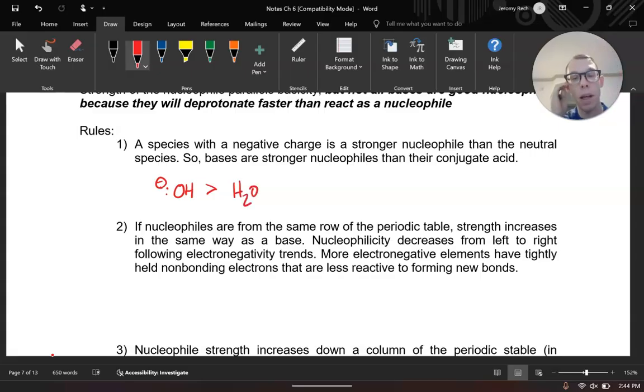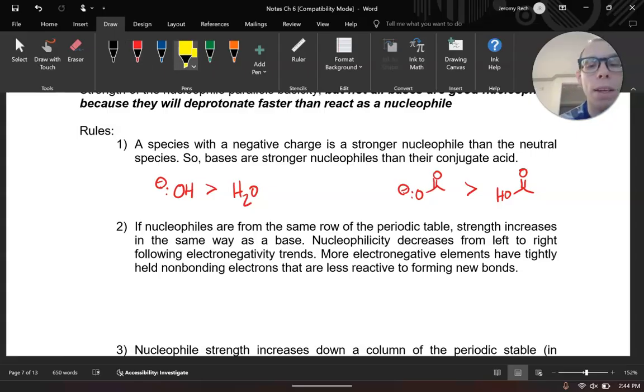Similarly, especially in solvolysis-like reactions, a protonated carboxylic acid is going to be weaker than a deprotonated carboxylic acid. So if you're trying to rank things that make a better nucleophile, carrying a charge is one of the go-tos. And often if you're trying to decide, is this my nucleophile or is this my substrate, if it carries a negative charge, chances are it's probably your nucleophile.